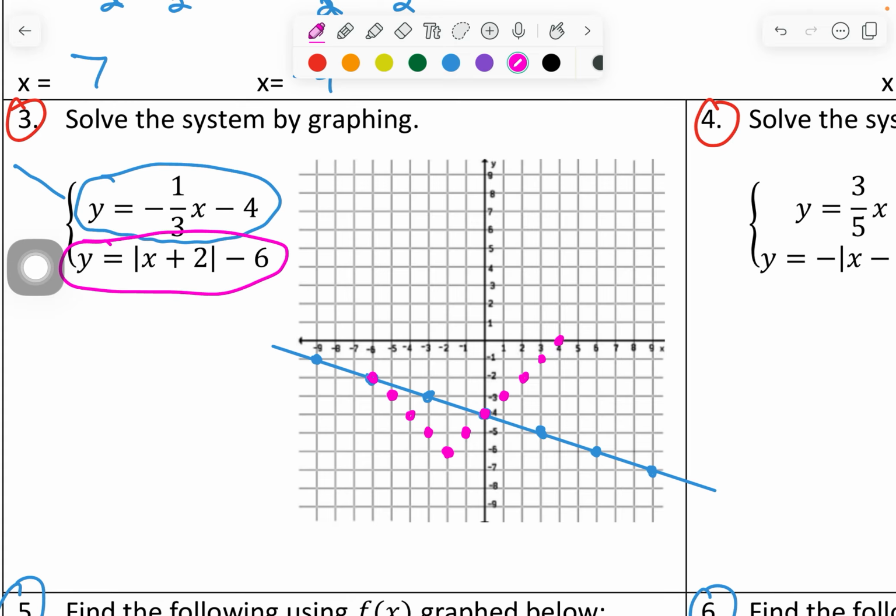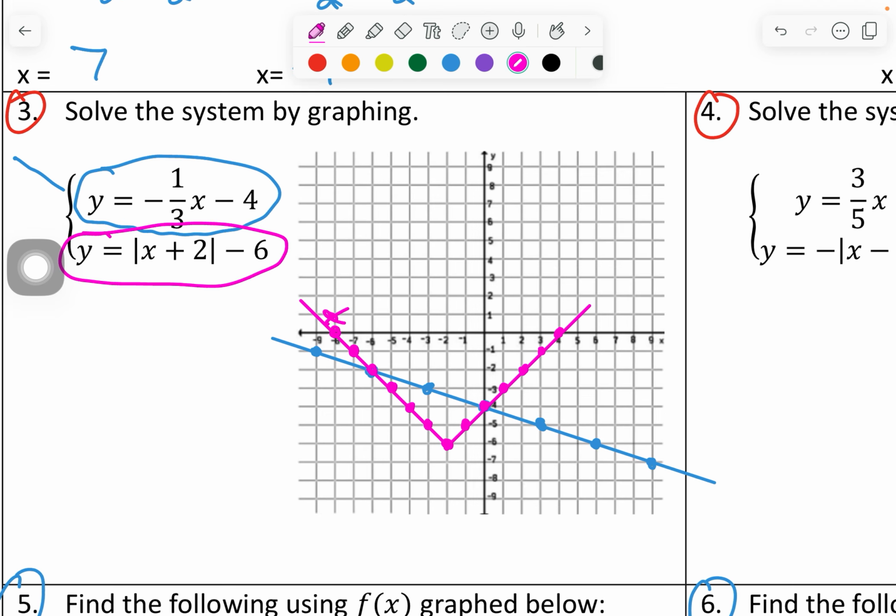Look at this, it's going to cross twice. Then you create your line, and you'll see it crosses here and here. In the calculator, if you plug it in, you'll see those crossings.